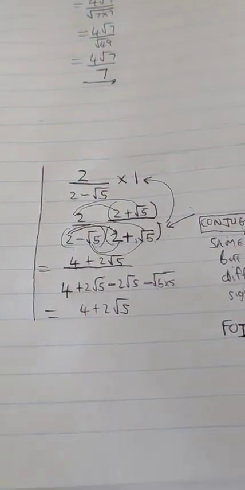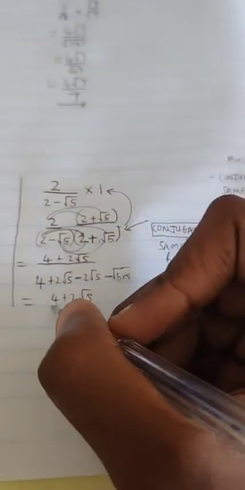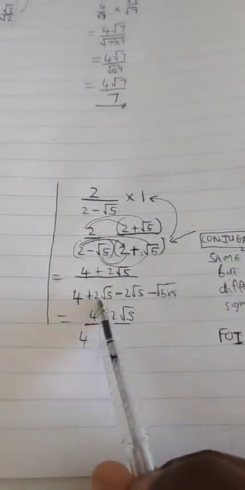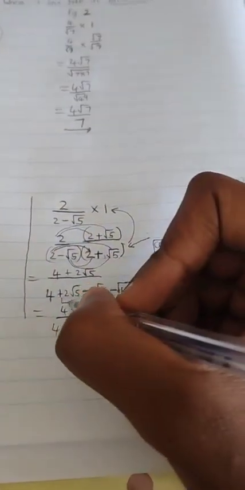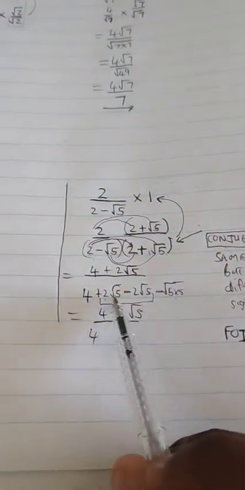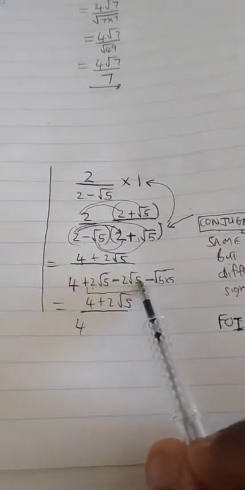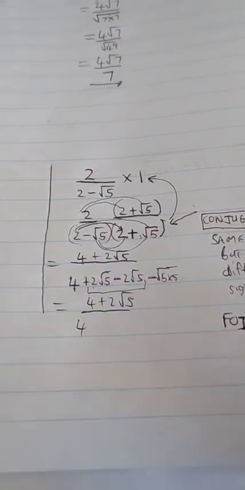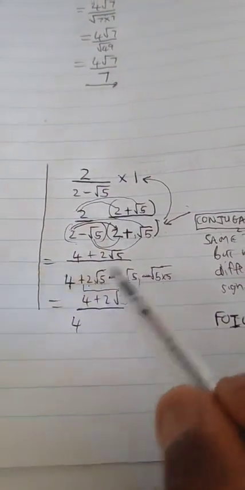What's nice is that in the denominator, it's very clear that we are not going to have any surds. Why? Because look at the 2 middle terms, 2 root 5 minus 2 root 5. When you subtract something from itself, you get 0. So that means this and that are gone.